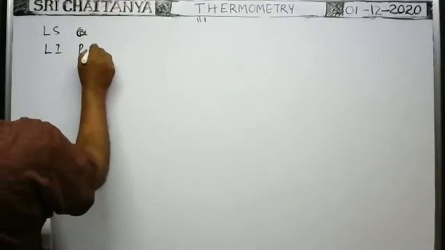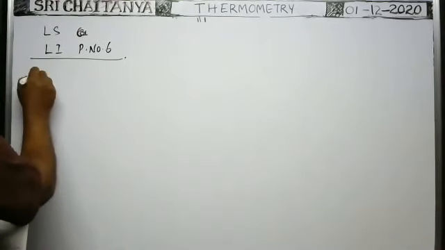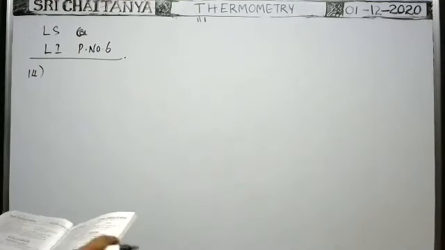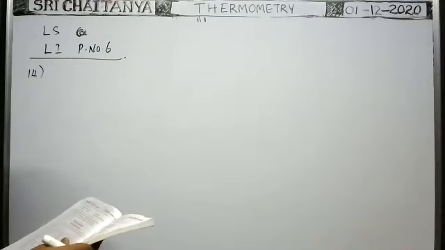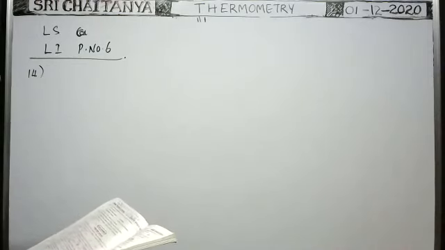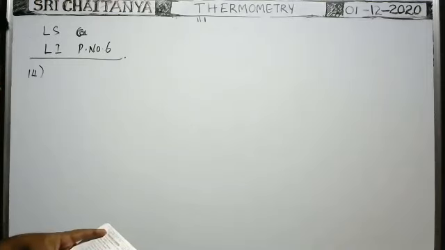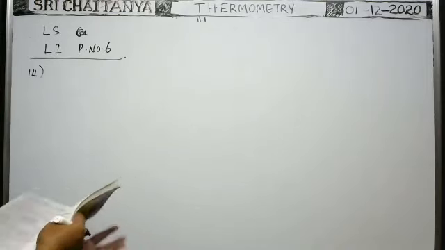Okay, page number 6, problem number 14. The readings corresponding to ice point and steam point for a constant pressure gas thermometer are 50 cc and 510 cc.